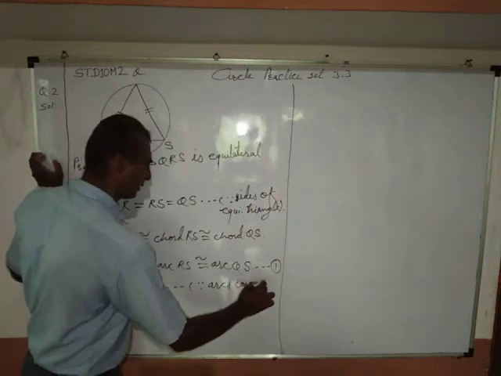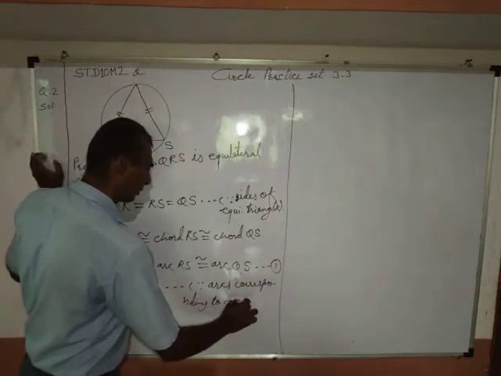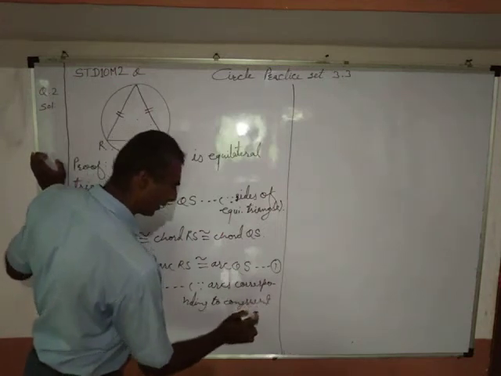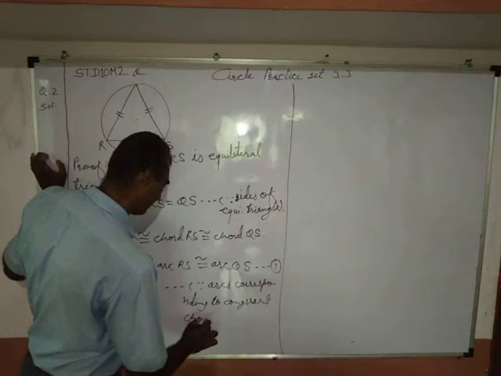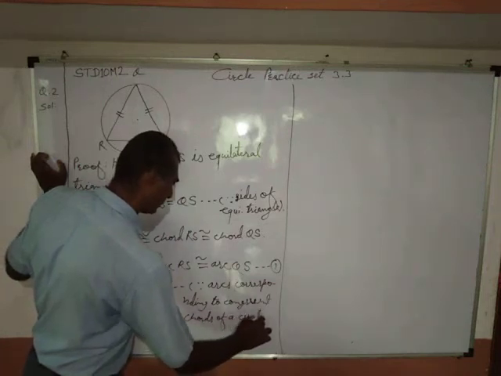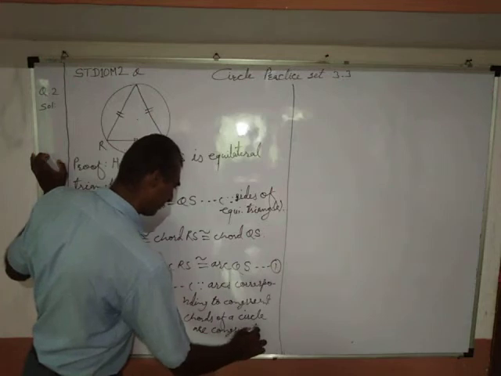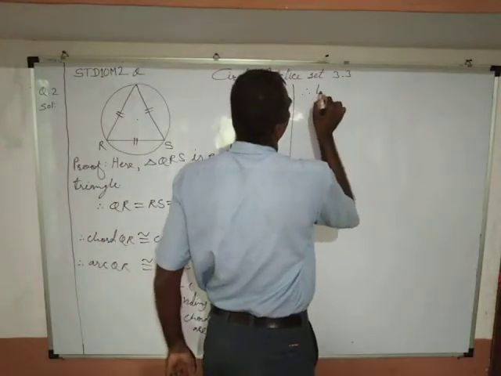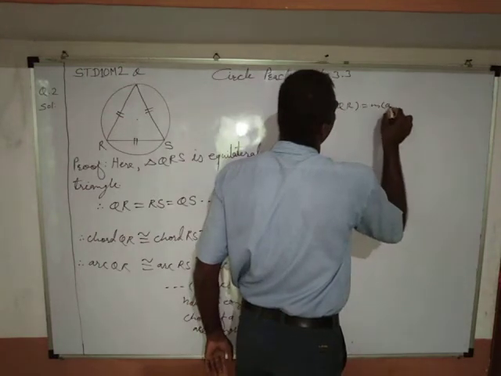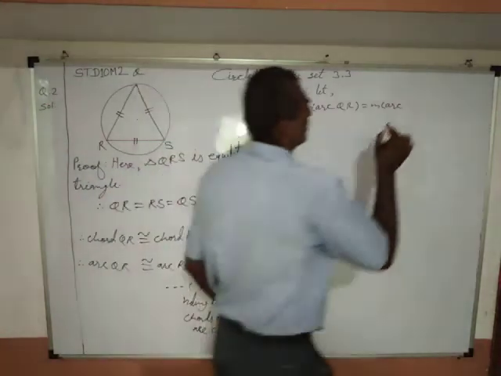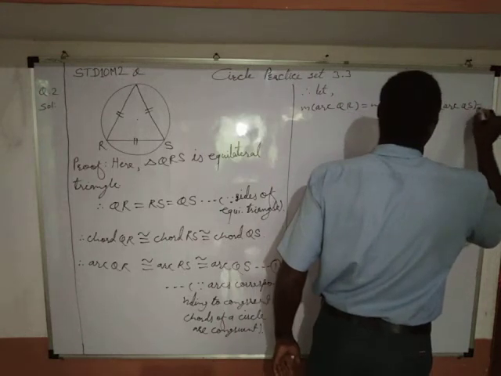Since arcs corresponding to congruent chords of a circle are congruent, let measure of arc QR equals measure of arc RS equals measure of arc QS equals x.